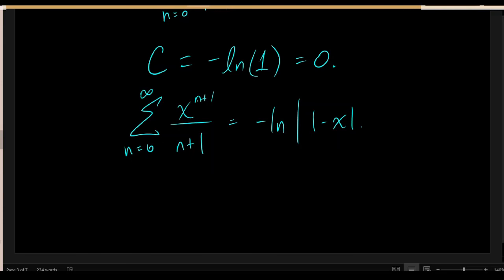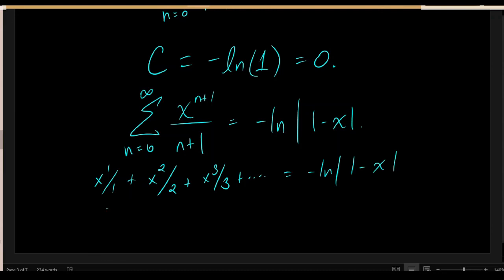When n is equal to 0, this quantity is equal to x to the first power divided by 1. Then when n is equal to 1, we get x squared over 2. When n is 2, x cubed over 3, and so on.